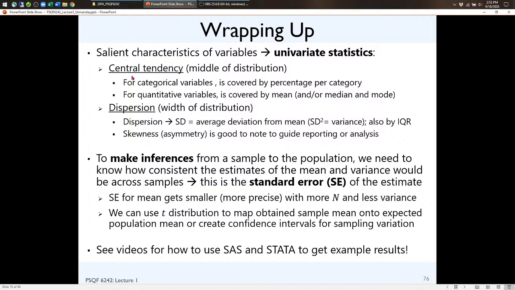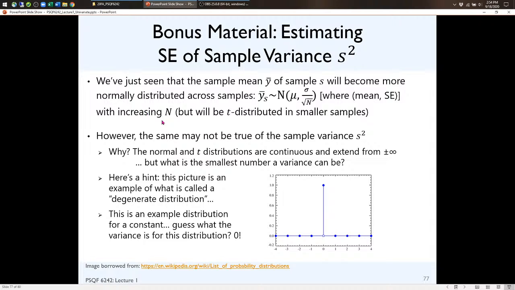We focused on just central tendency for quantitative variables, and then what I just talked about for binary variables. I did want to just plant the seed that these general ideas of standard error show up for other statistics as well, such as for dispersion. So just a little bit of information about how one might come up with a standard error for a sample variance.